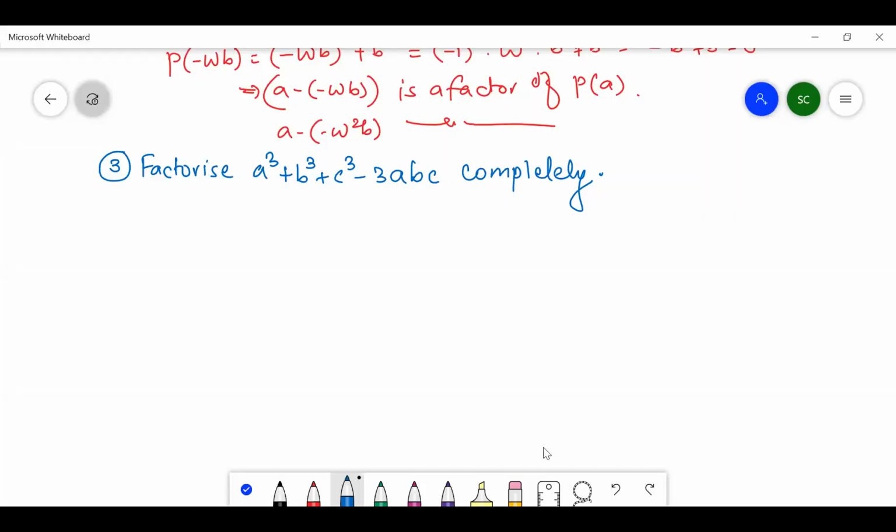Okay. Let us do it now. There are a couple of ways of doing it. Let me show you first the elegant method. Method 1.